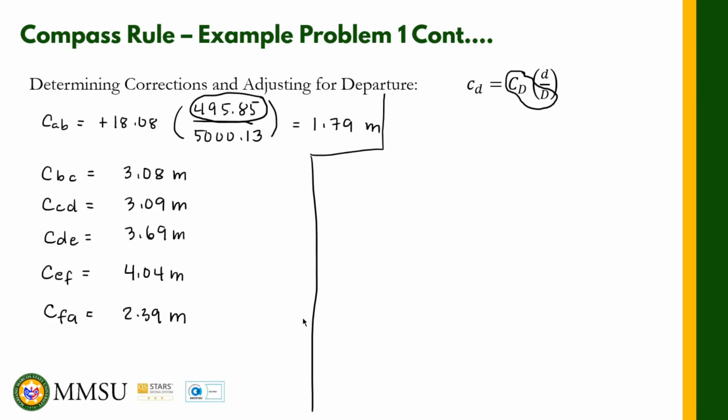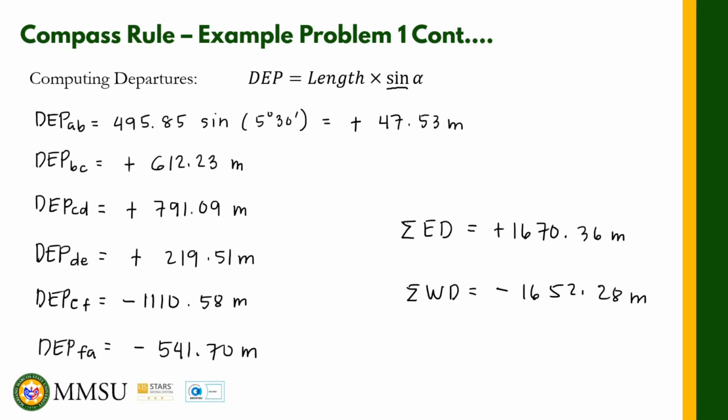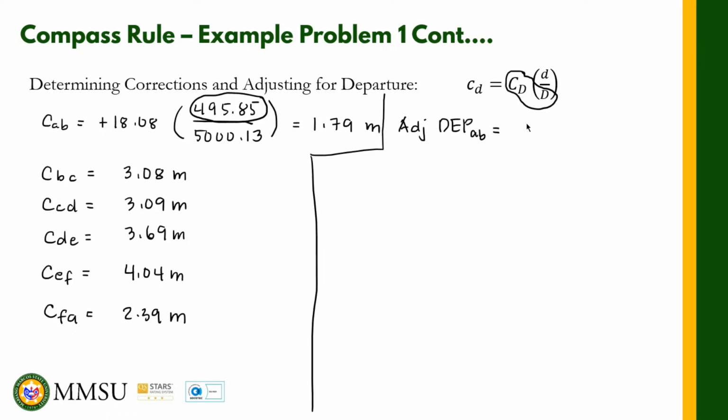Okay? So for the adjusted departure, adjusted departure of AB is equal to, yung departure ng AB natin is 47.53. This is positive, ano? 47.53, magbawas tayo ng correction niya na 1.79 meters. Okay?